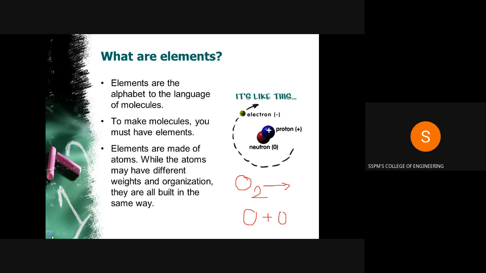Another example is the hydrogen molecule. The formula for the hydrogen molecule is H2. It is made up of one hydrogen atom combined with another hydrogen atom. So this is a hydrogen molecule.